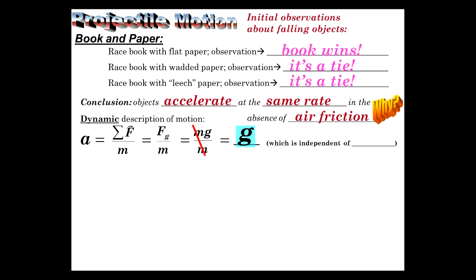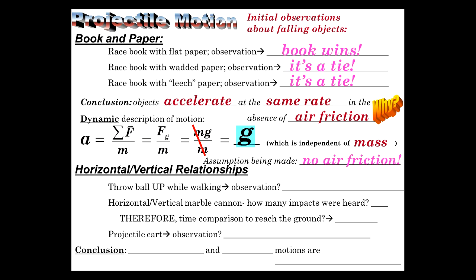So the masses divide out. It's g independent of the mass. All right. Assumption being made is that there's what? No air friction. All right. So that's the first observation. That's good. And then we also have some additional observations that we can make.